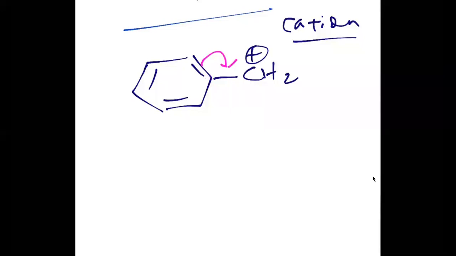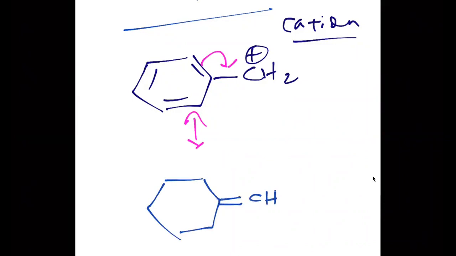Okay, so that first resonance form, I'm going to push that pair of electrons out of the ring, and then I'm going to have this. Everybody agree with that? Not touching the other two pi bonds yet.